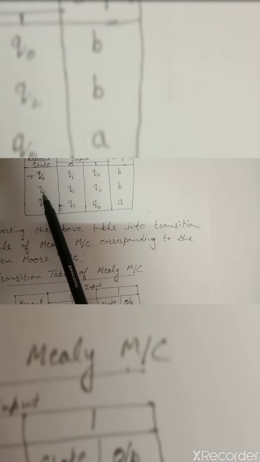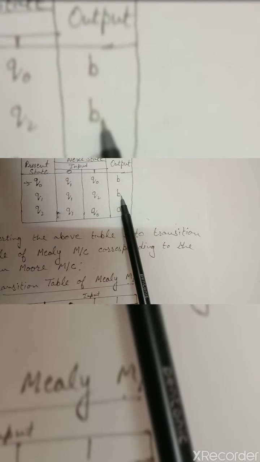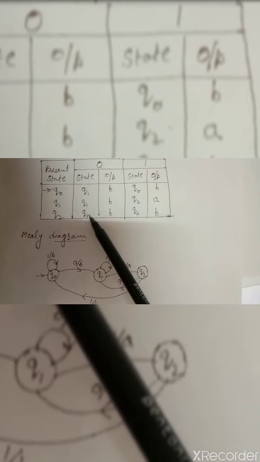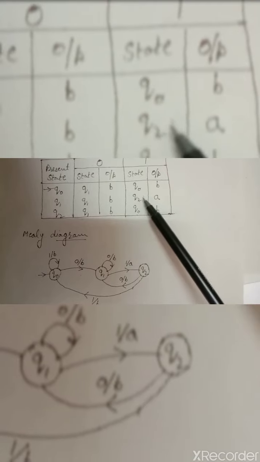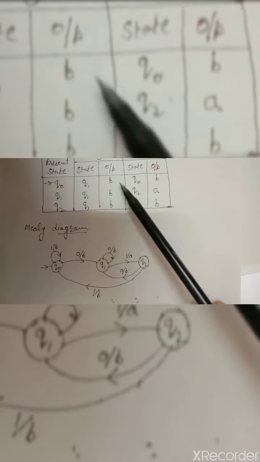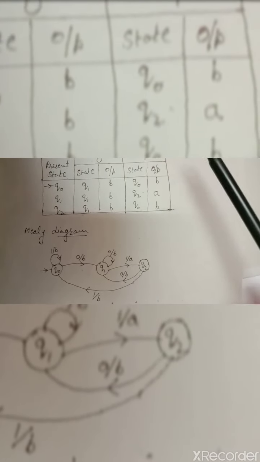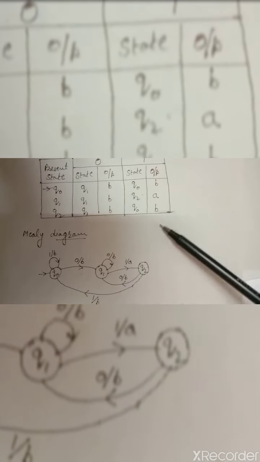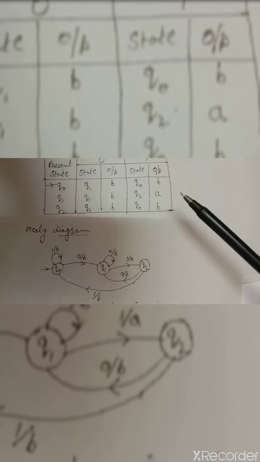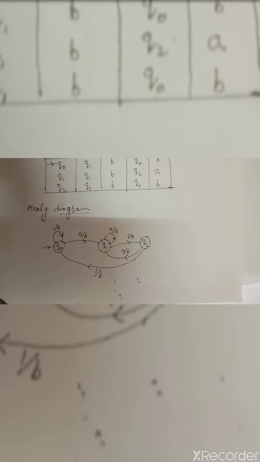From the above table, for Q1 the output is B, for Q0 the output is B. So for Q1 the output is B, Q1 B, Q1 B. For Q2 the output is A, for Q0 the output is B. These outputs we write directly from the above transition table. So now we have constructed the transition table for the corresponding Mealy machine.